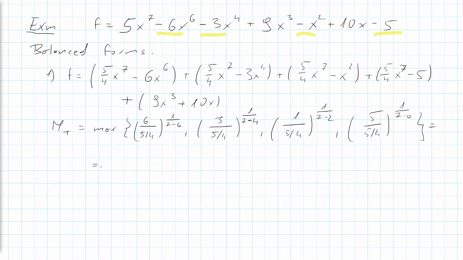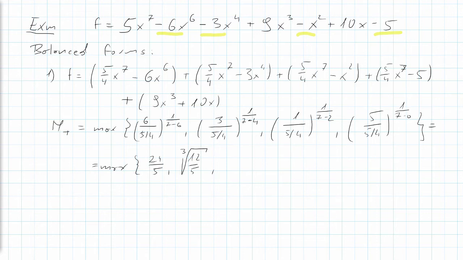So this is the maximum of, and here we have 24 over 5. Here we have 12 over 5, and we have the cube root of that.